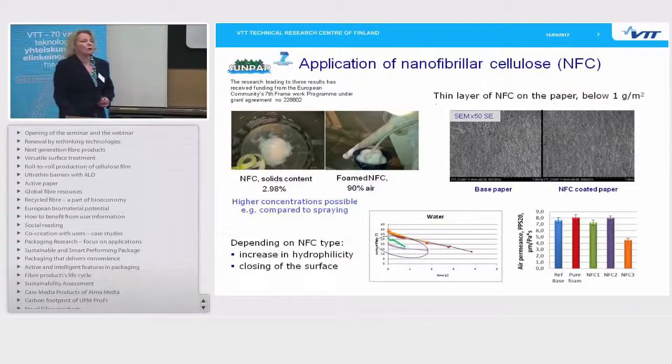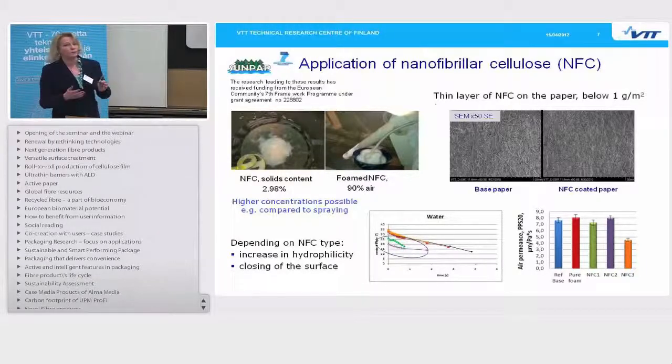VTT is coordinating an EU project, SunBub, and in that project we have applied nanocelluloses on the fine paper surface. You can see from the left-hand side picture that nanocellulose at a solid content of three percent is very viscous. It doesn't flow by itself from the feeding tank to the pump, so it really needs some pushing.